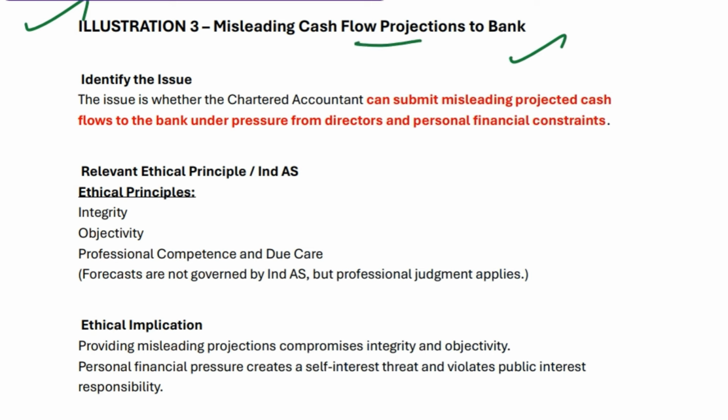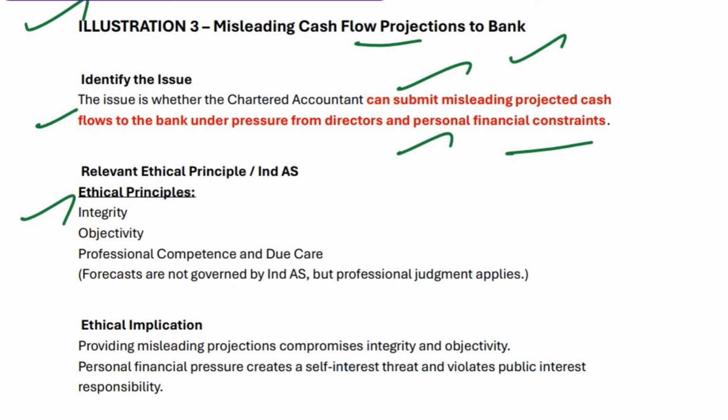Now, misleading cash flow projections to the bank. The issue is whether the chartered accountant can submit misleading projected cash flows to the bank under pressure. See, you are going to give the banker projected cash flows which are misleading, which are not true, and because you have personal financial constraints, you are going to do this.